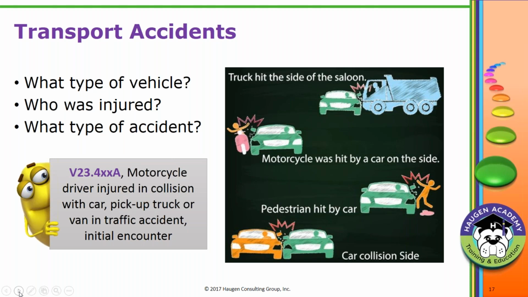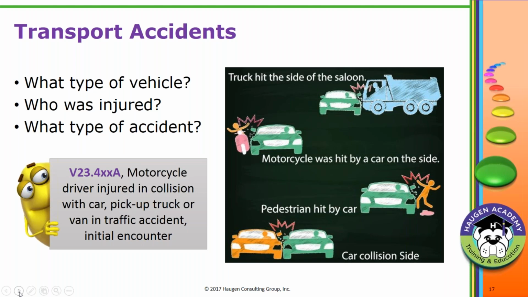And then a transport accident is one in which the vehicle involved must be moving or running or in use for transport purposes at the time of the accident. And that question has been asked often by coders, what is a transport accident? So again, that vehicle must be moving, running, or in use for transport purposes at the time in order to use those transport codes.